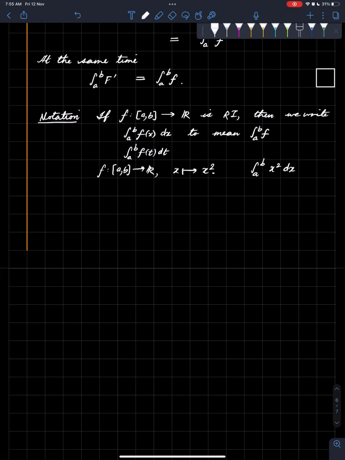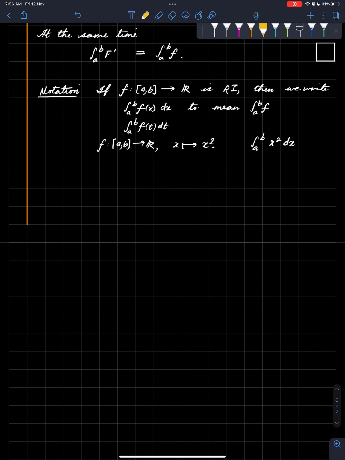So it saves us all this trouble of introducing little f and then writing f, and so it's very useful. Okay, fine. So with that notation I want to give an example. So what we claim is that this integral is, as we all know, I'm sure, equal to that, but let us give a proof.